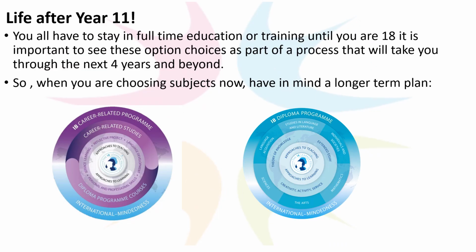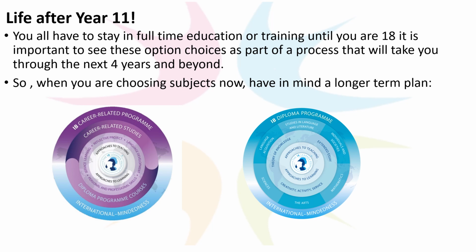When you're picking your options, you need to think of it as a long-term process that lasts further than just Year 11 into Key Stage 5 and beyond. All the subjects offered at GCSE level are accommodated here at Knowle in Key Stage 5, either through the IBCP, the International Baccalaureate Career-Related Programme, seen here on the left, or the IBDP on the right, the International Baccalaureate Diploma Programme.